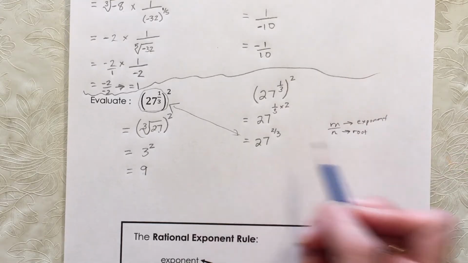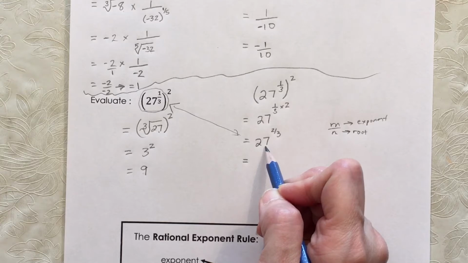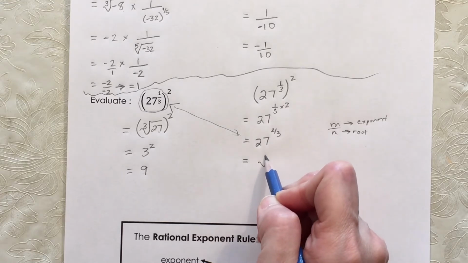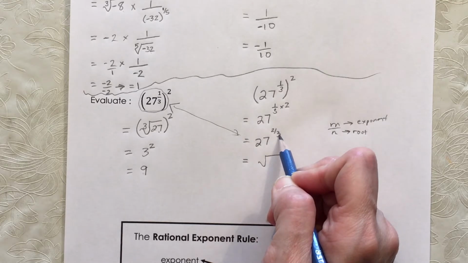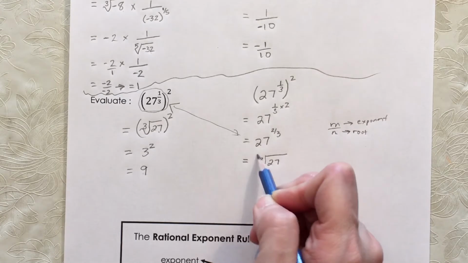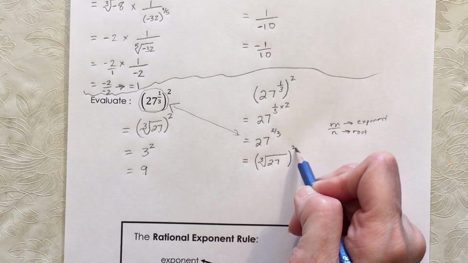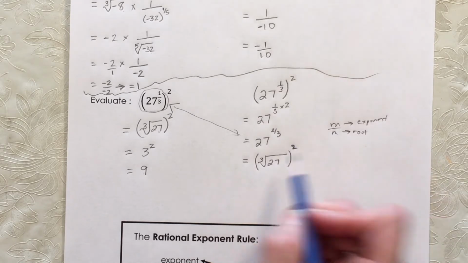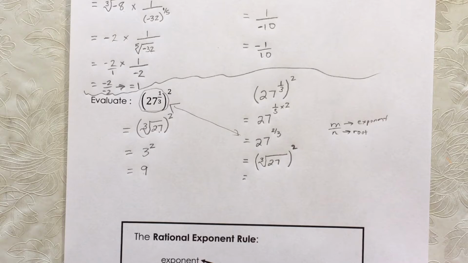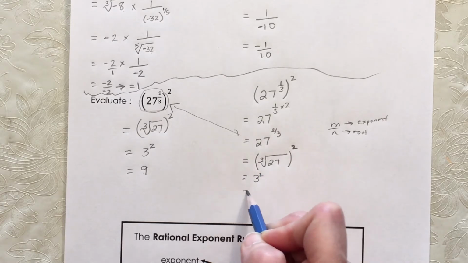So if you saw 27 to the 2/3, what I would want you to think of is, okay, I can write that as: the denominator of the fraction exponent tells you the root, the third root of 27, to the exponent, the top number of the fractional exponent tells you the exponent. And then again, the third root of 27 is 3, squared is 9.